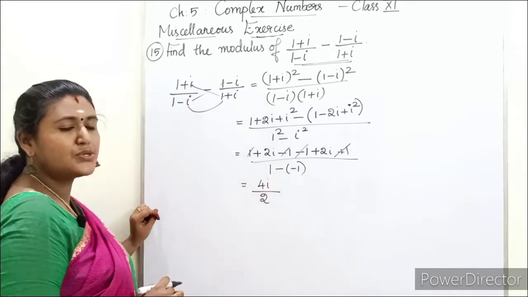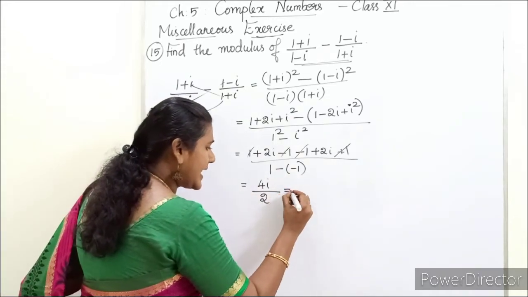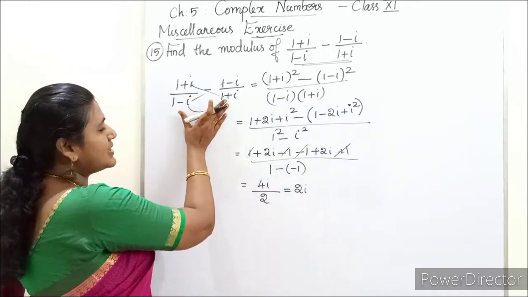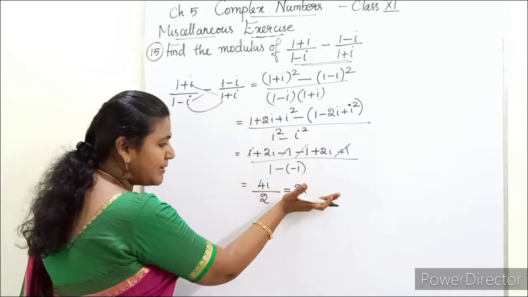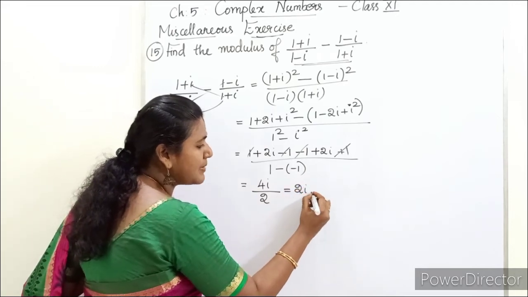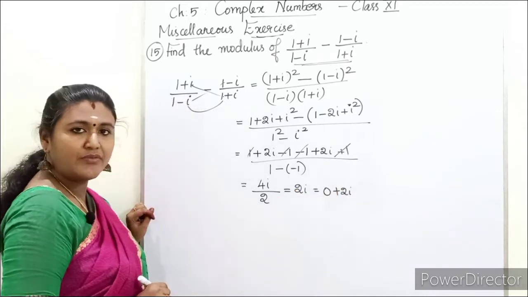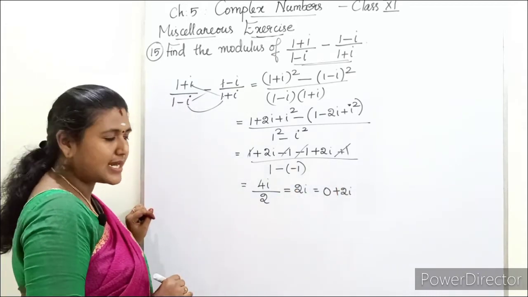When you simplify this you will get 2i. So this complex number we have simplified and we got the new complex number as 2i. This we can write as 0 plus 2i. So we have expressed it in the standard form.